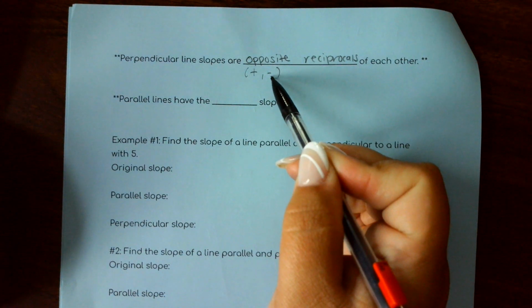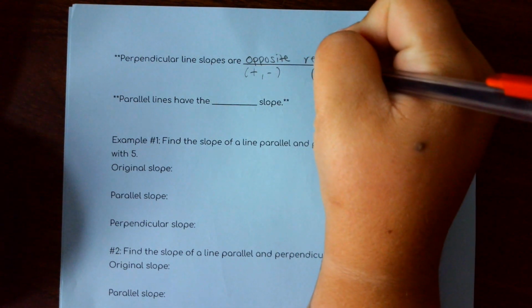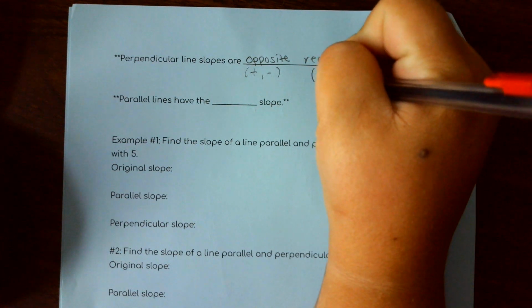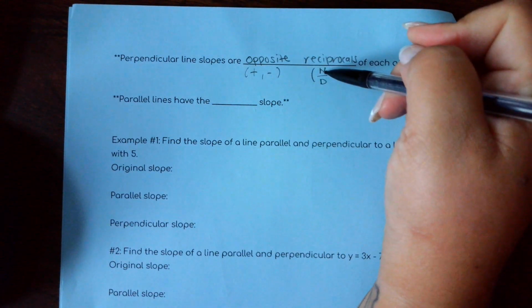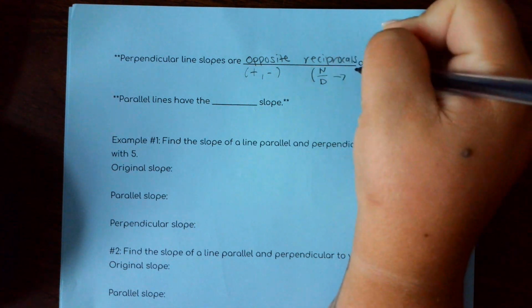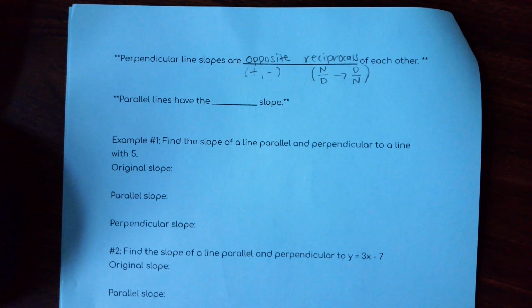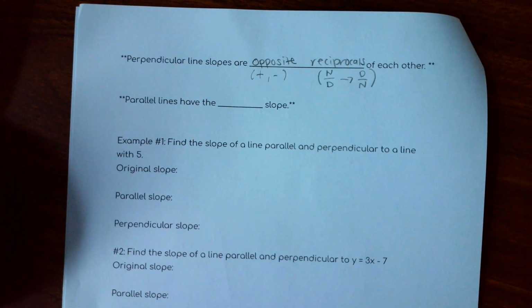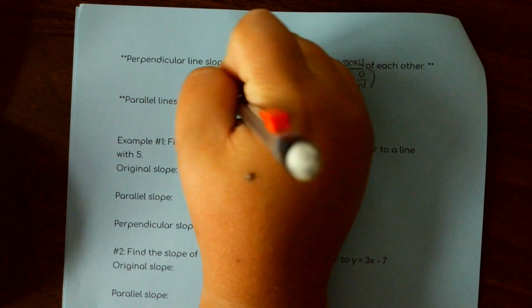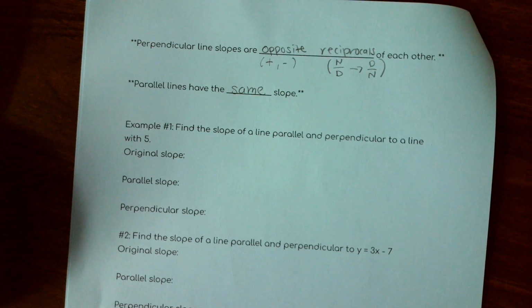If it's negative, the opposite would be positive. And reciprocal, if we have a fraction, we have numerator over denominator. Reciprocal means you flip these. So it would be denominator over numerator. And we'll do an example right here, and I'll show you what we mean. And parallel lines have the same slope. So they're just equal. Parallel is pretty easy.